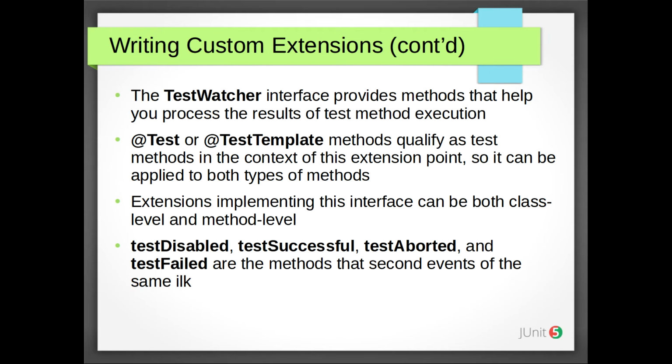Extensions implementing this interface can be both class level and method level. And it has methods testDisabled, testSuccessful, testAborted, and testFailed. And I'm going to give you about 30 seconds to write out all of these four methods, just in the most basic form: testDisabled, testSuccessful, testAborted, testFailed.